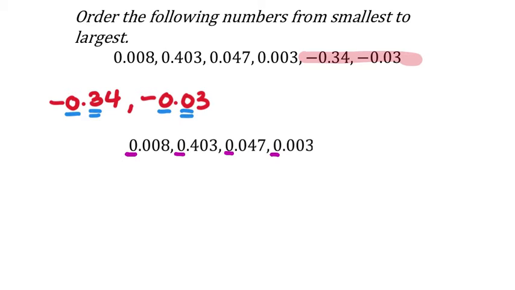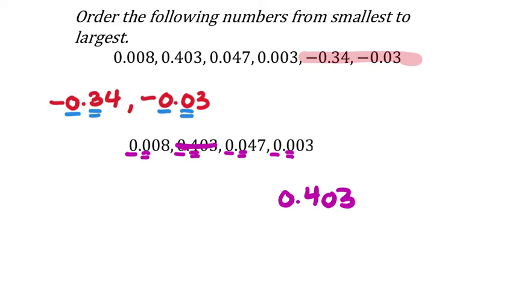That's the ones, or the whole place value. They're all zeros, which means I need to go to the next place value. So that'd be this 0, the 4, this 0, and the 0. Now, the only one that's different is the 4, and it's bigger than all 3 of these zeros, which means that of these 4 values, 0.403 will be the biggest one.